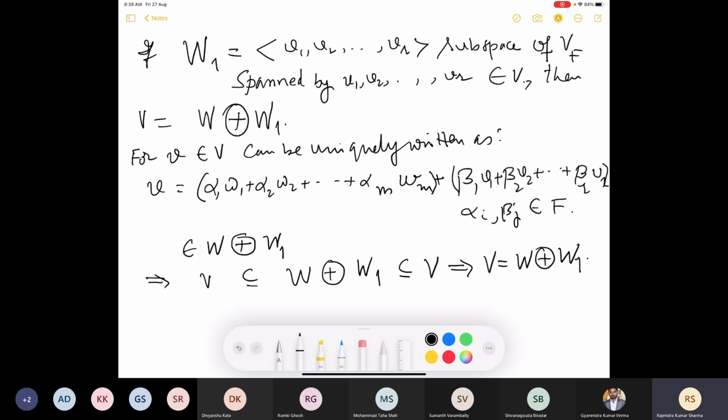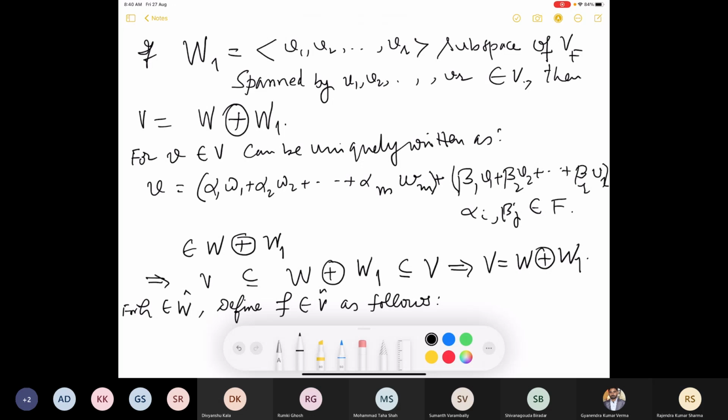So what we want now is this: h belongs to W hat, and we define for every such h a map f in V hat as follows.